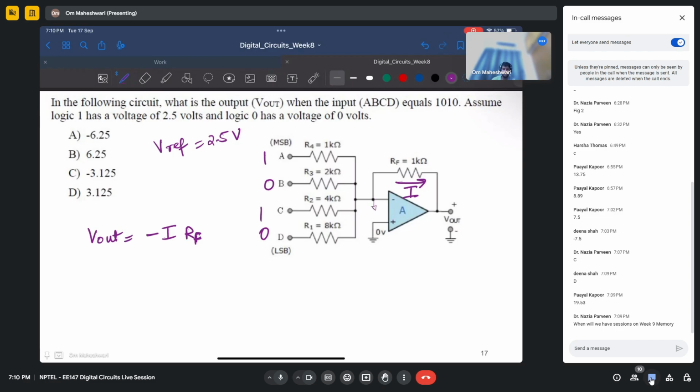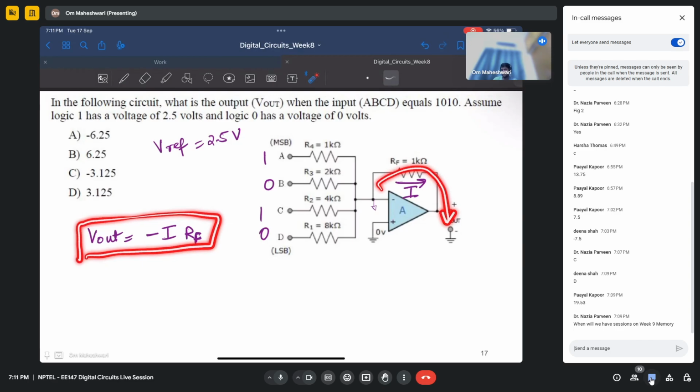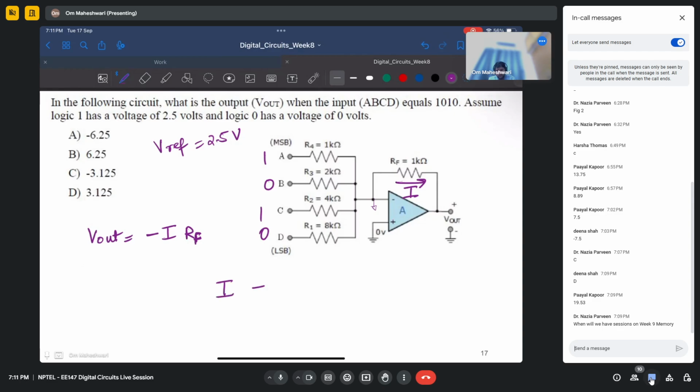So if we apply KVL here, V out is minus I times RF, and this I is coming from these four branches. This is ground, this is 2.5, this is 0, this is 2.5.